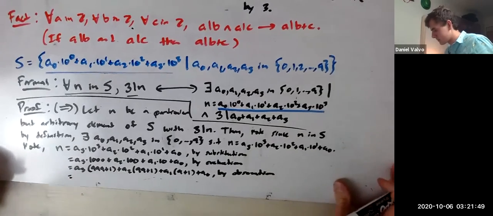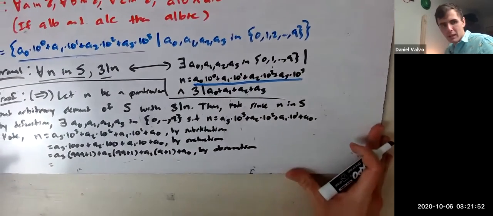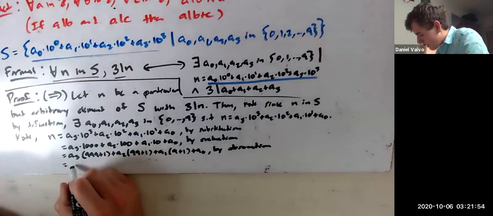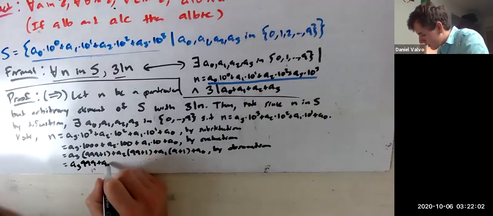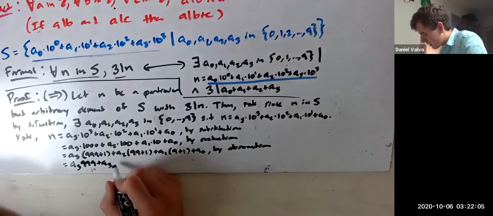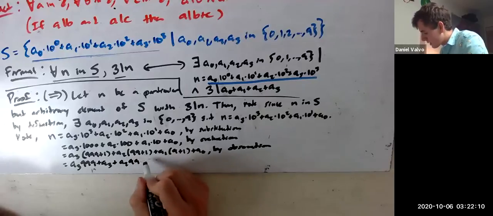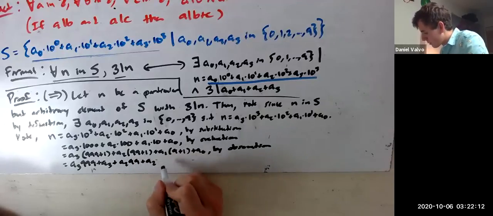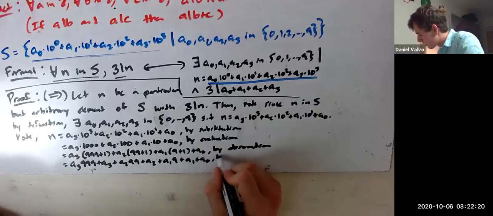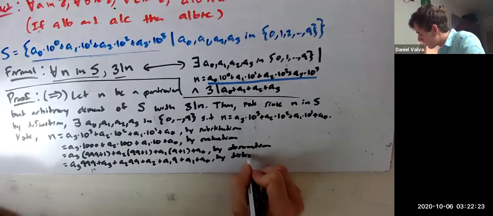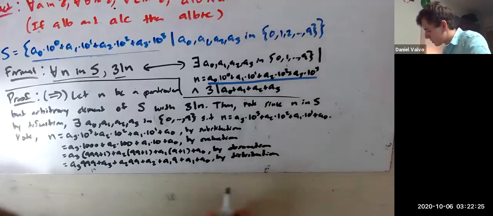Now, if we write this out, this is going to be A3 times 999 plus A3 plus A2 times 99 plus A2 plus A1 times 9 plus A1 plus A0, by distribution.